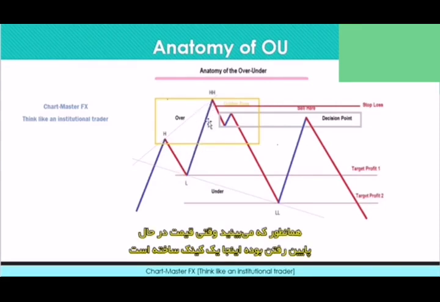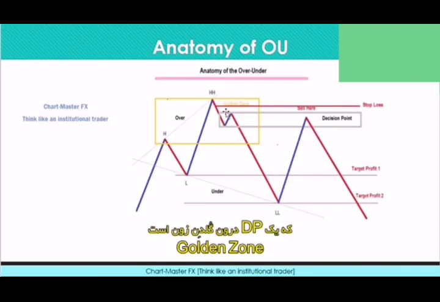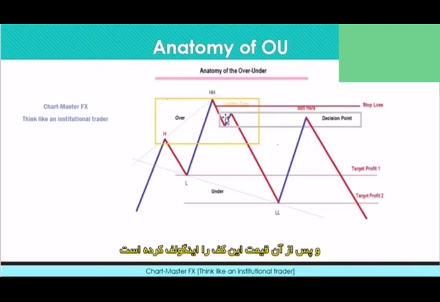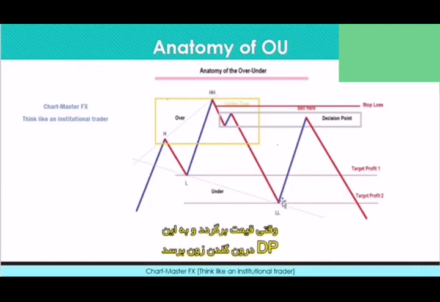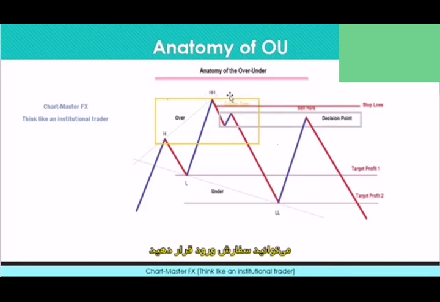Once the price is going down, it created a kink here, which is a decision point inside the golden zone. Once the price did that, we can see that the price was able to engulf this low, and it created a lower low. So as the price comes to this decision point inside the golden zone, then you can place your trade. So this is the anatomy of the over under.